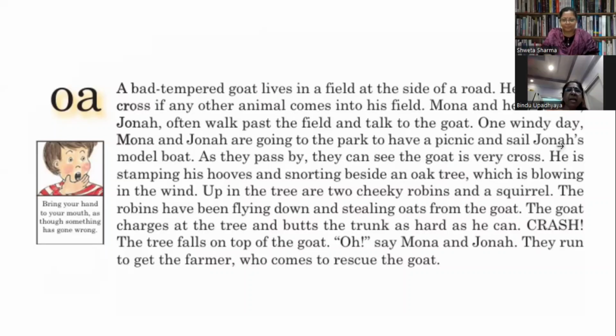He is stamping his hooves and snorting beside an oak tree, which is blowing in the wind. Up in the tree are two cheeky robins and a squirrel. The robins have been flying down and stealing oats from the goat. The goat charges at the tree and butts the trunk as hard as he can. Crash! The tree falls on top of the goat. Oh, say Mona and Jonah. They run to get the farmer who comes to rescue the goat.